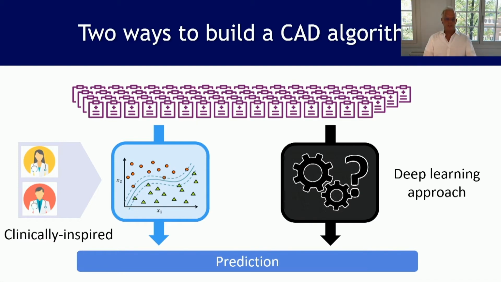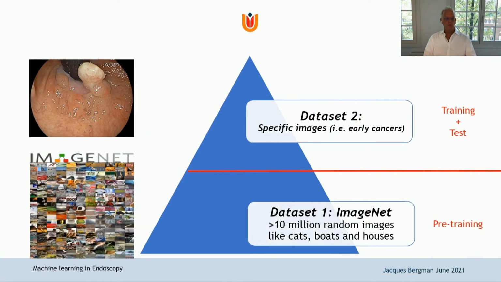Generally, this is a 2-step approach in which we use large available data sets like ImageNet, which contain millions and millions of images, all labeled as cats and dogs and houses. There's 30 categories of cars and dogs in there, an enormous amount of information.